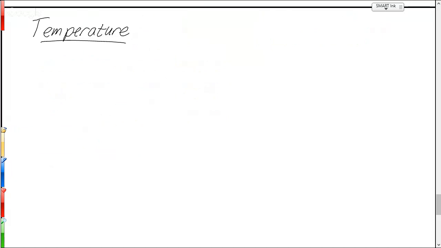Anybody know what temperature is? Like how we define it officially? What are you measuring when you measure the temperature? It's what?